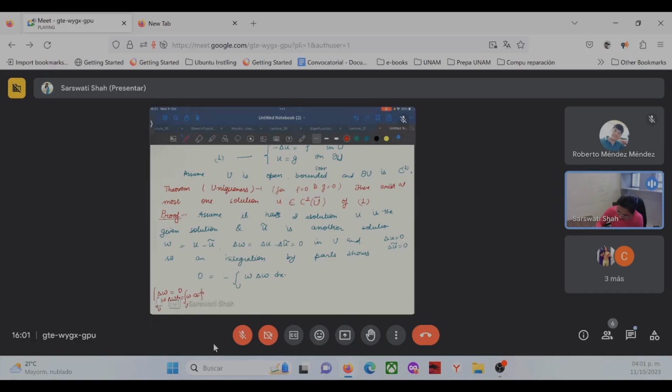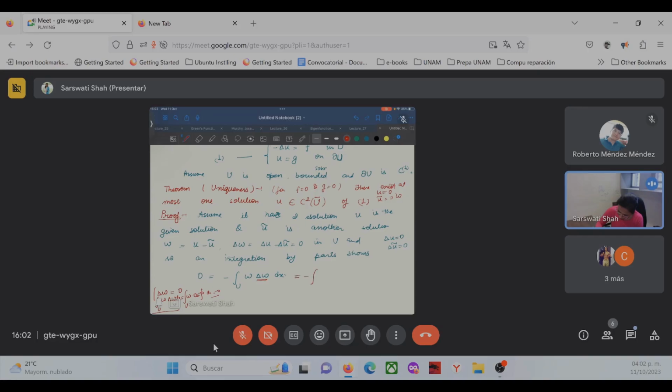Now the next condition which we have been given, that U equals to 0 on the boundary. So the solution U tilde will also be 0 on the boundary. So the solution W, that is U minus U tilde, is also going to be 0 on the boundary, isn't it?